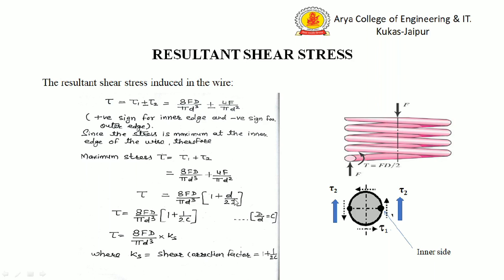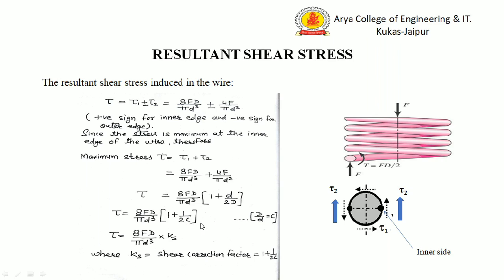So we use C for capital D by d, and we get tau is equal to 8FD upon pi d cube times (1 plus 1 upon 2C).